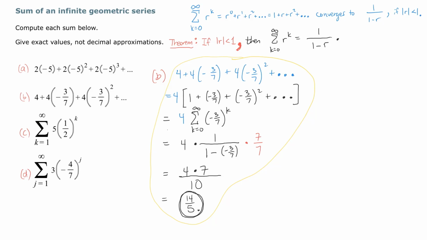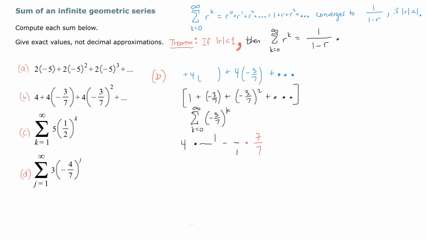Moving on to part C. Part C says there's a series here where the sequence terms are 5 times the common ratio of 1/2 raised to the kth power.